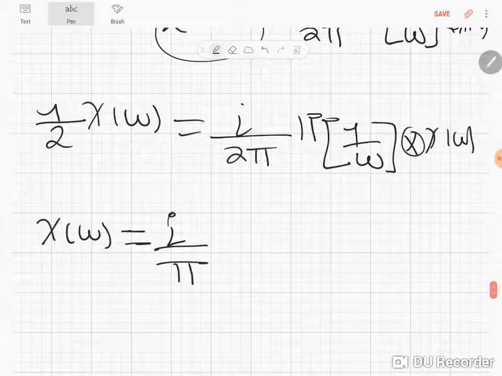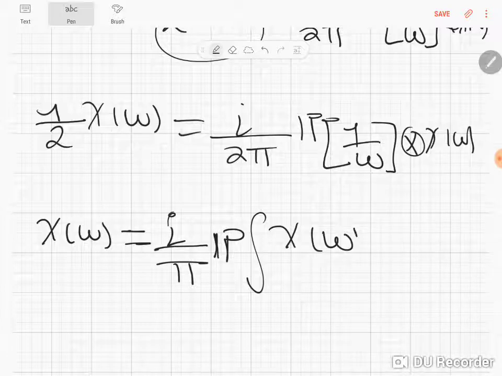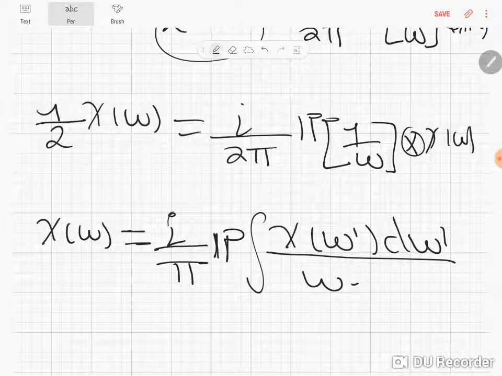So how does this convolution look like actually? That convolution, of course, takes into account the principal value. That's very important. So then this is the principal value of this integral. This is chi of omega prime, d omega prime, divided by omega minus omega prime. Okay, so then this is what we have.